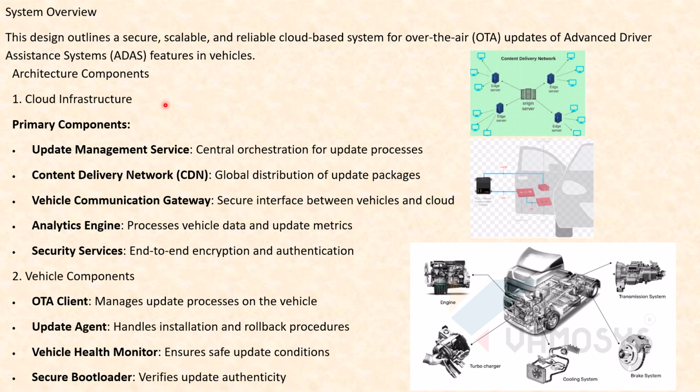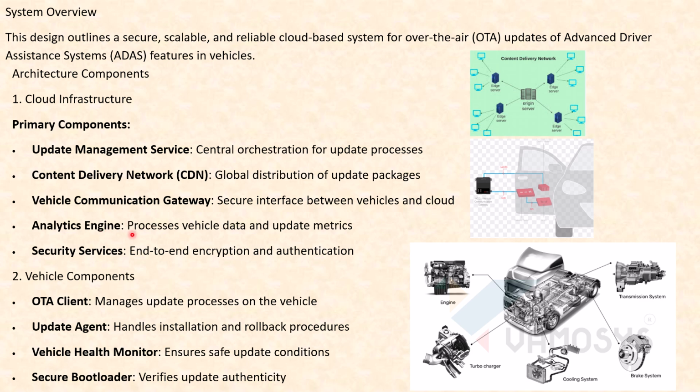The first is the cloud infrastructure, and the primary components are update management service, central orchestration for the update process, and content delivery network, global distribution of update packages. Second is the vehicle communication gateway, a secure interface between the vehicles and cloud.